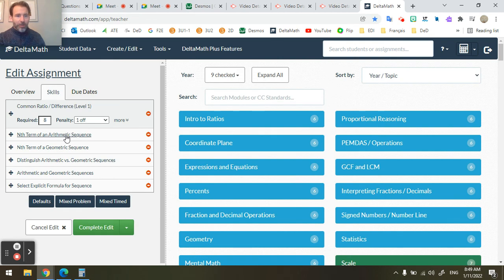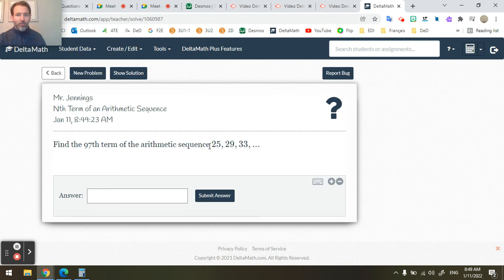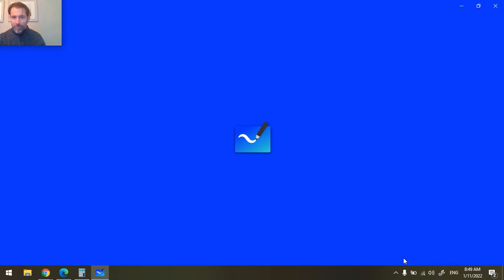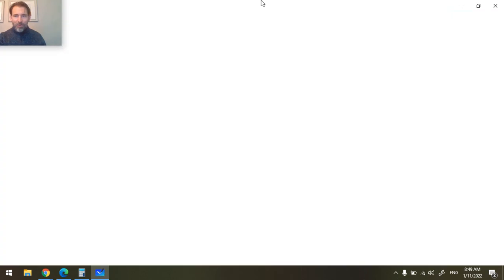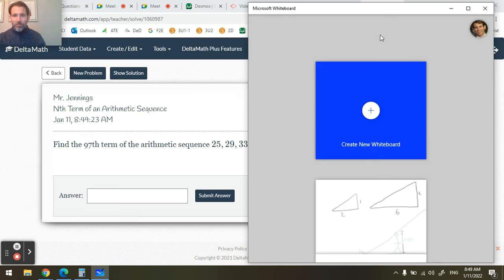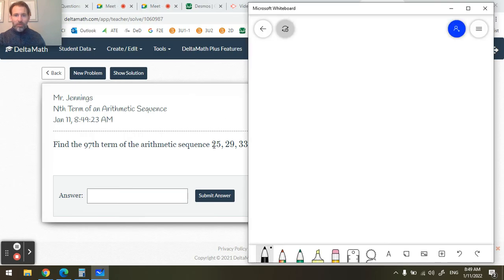Okay, now here you're being asked to find the nth term. Find the 97th term of this arithmetic sequence. So what you do is you get yourself a piece of paper, and maybe you make your paper small enough so that it doesn't obscure the whole thing, and then you can write down 25, 29, 33.